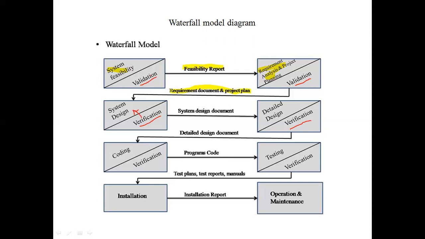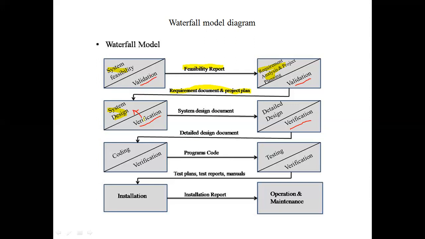Now you are proceeding to the next phase, which is system design. Again, this phase gets divided into two stages: designing the system and verifying whether we have performed that phase correctly or not.